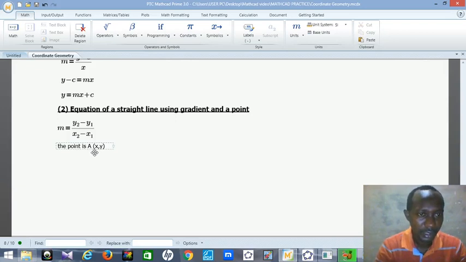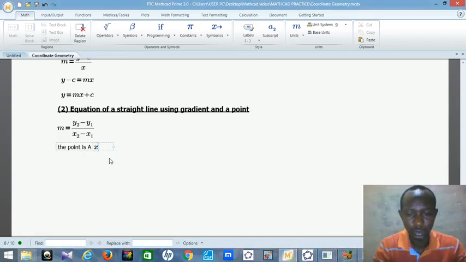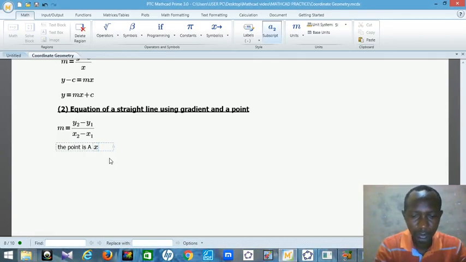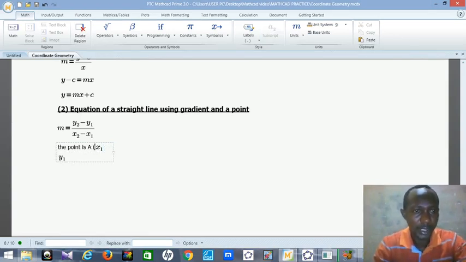The point is A, with coordinates x1 and y1. So this is the point. Let's put it in brackets.